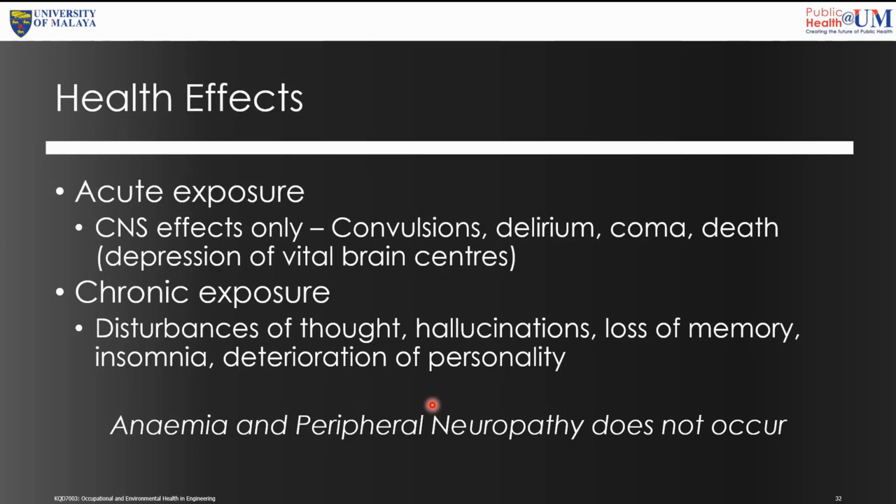So anemia and peripheral neuropathy do not occur when you're exposed to organic lead. Inorganic lead would affect your hematological system, causing anemia, and also your peripheral nervous system. Inorganic lead also affects your central nervous system, but organic lead basically affects more towards your central nervous system.